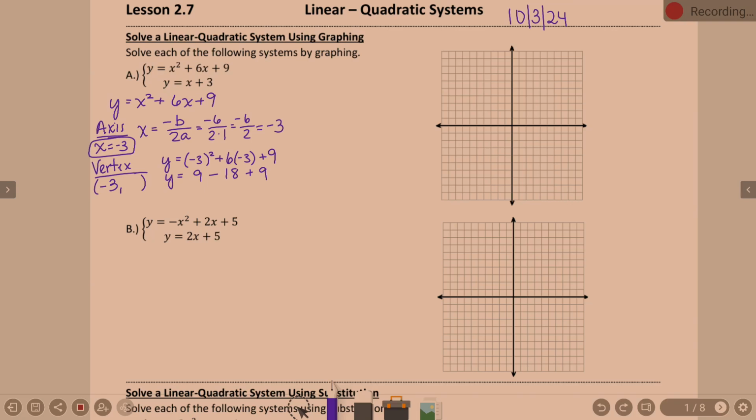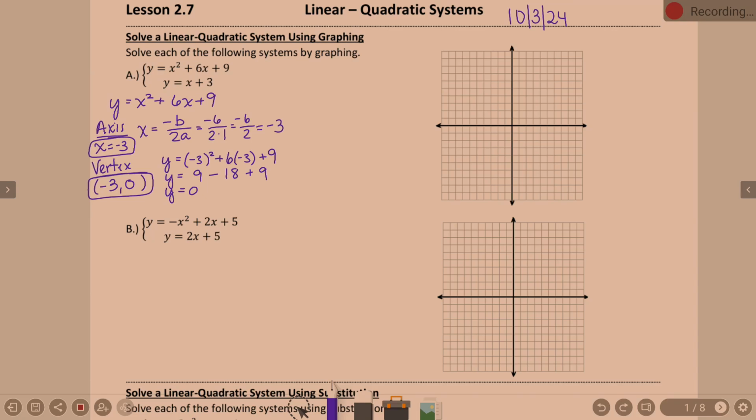What is 9 minus 18 plus 9? 0. So we know we have a vertex of negative 3, 0. Okay.